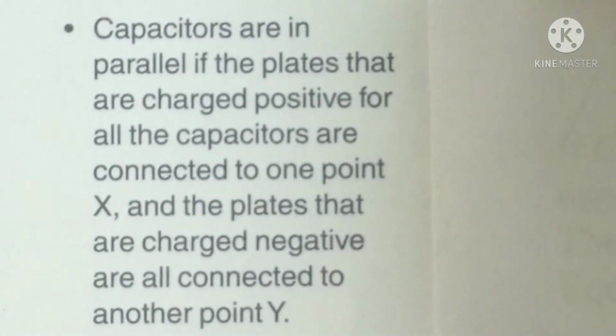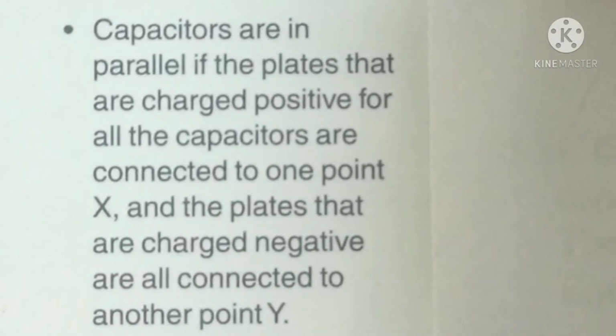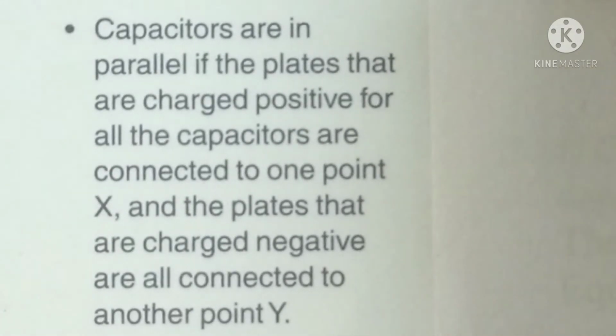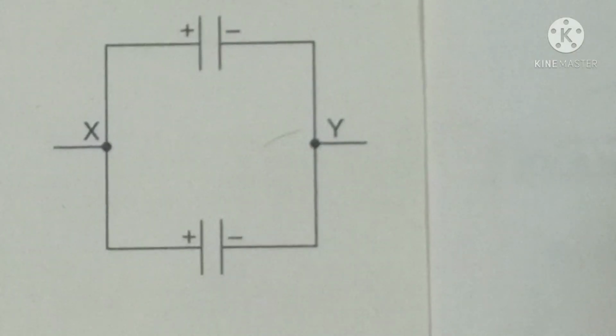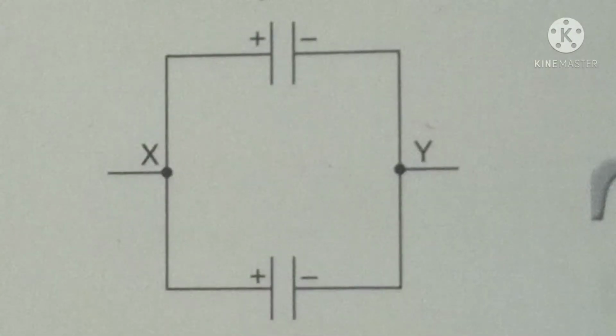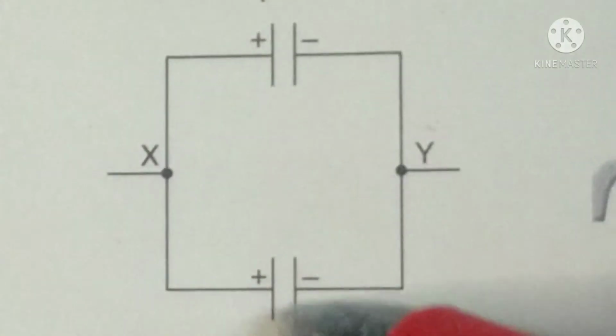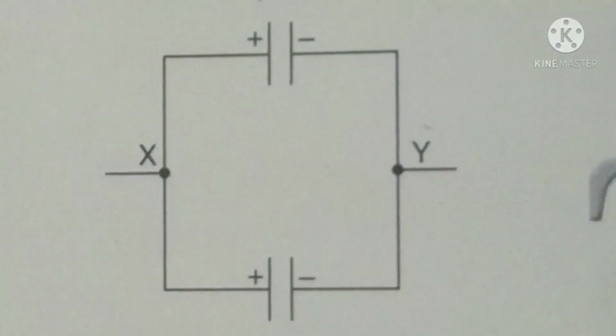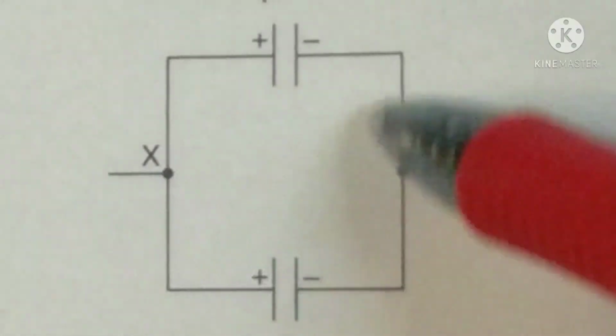Capacitors are in parallel if the plates that are charged positive for all the capacitors are connected to one point X, and the plates that are charged negative are all connected to another point Y. Exactly like this. With these two T junctions separating these two capacitors, they are connected in parallel.